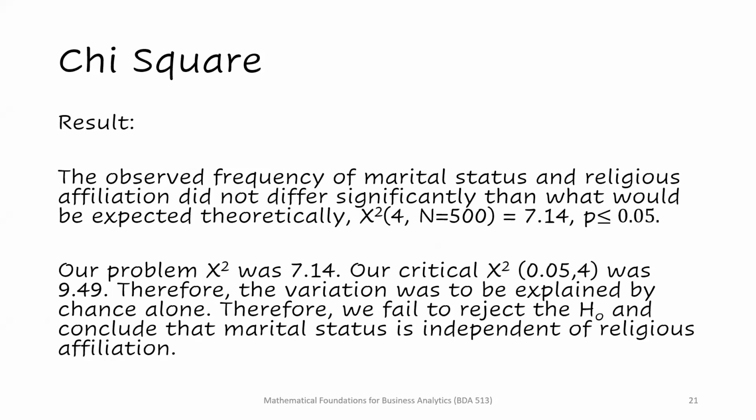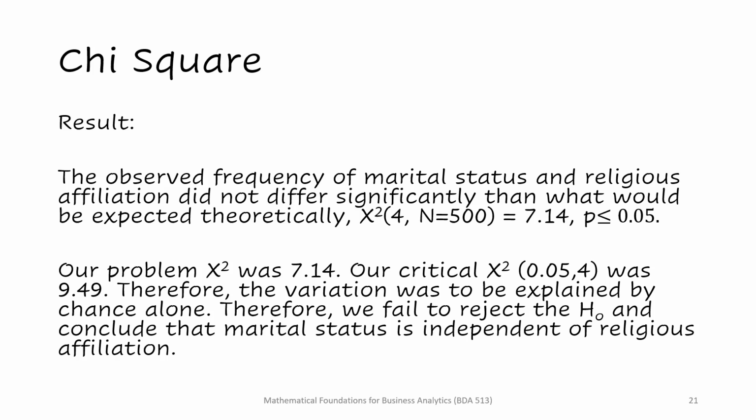So our observed frequency of marital status and religious affiliation did not differ significantly from what would be expected theoretically, at the degree of freedom and the sample of 500, which gives us 7.14. Our calculated chi was 7.14. Our critical chi value was 9.49.